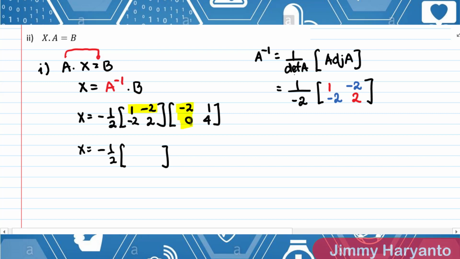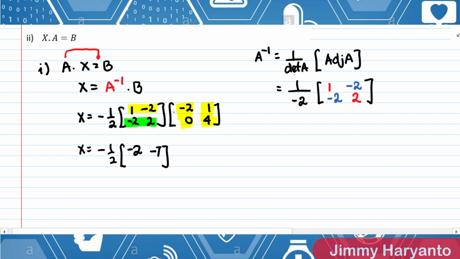Yeah, so we have another matrix results. Yeah, so for the first one is negative 2 and 0. It will be negative 2. I assume that you already mastered these skills. Yeah, so 1 and negative 8 equals to negative 7. And then after that, the second row.